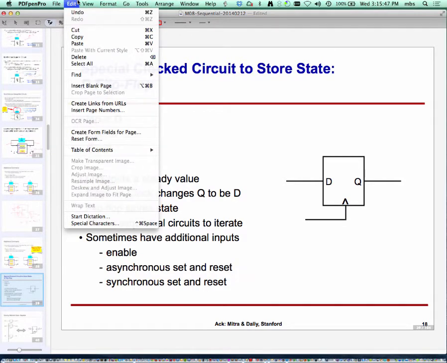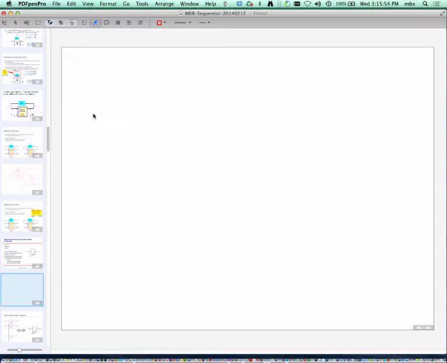Let me insert a page. Okay, so let's say I have this system. Some input coming in goes to combinational logic 1, state 1, combinational logic 2.